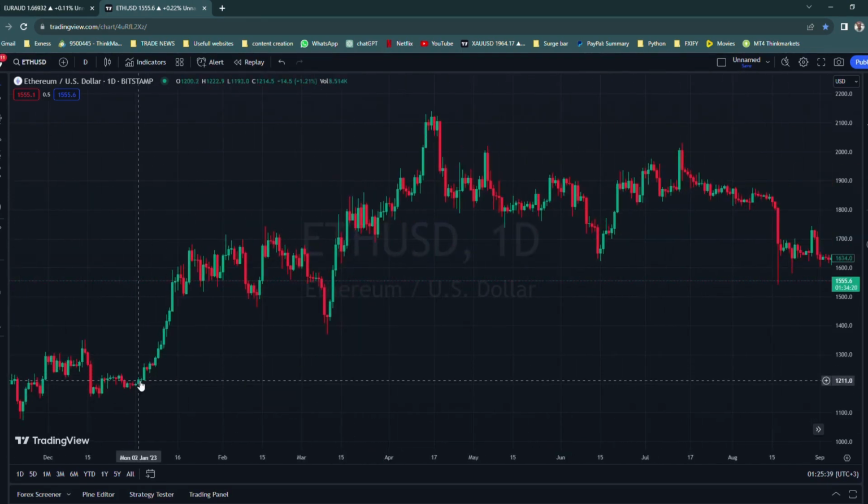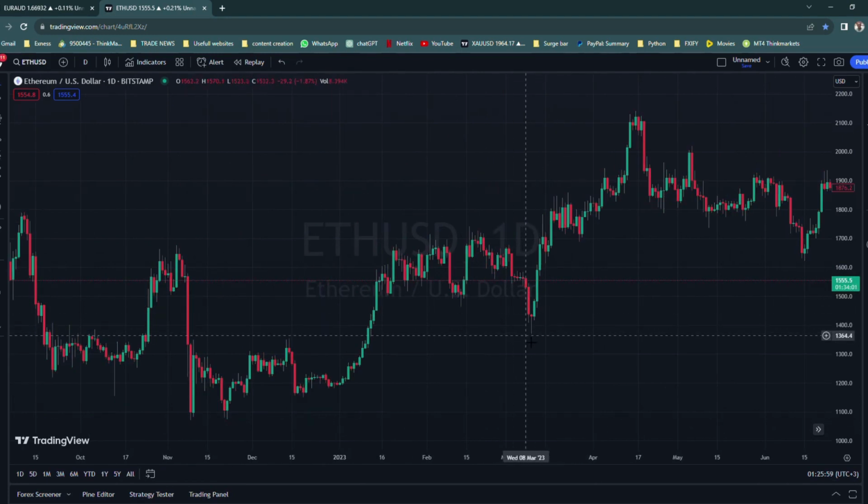At the start of the year 2023, we started somewhere around 1,200 on January 1st. We had a really strong upward trend straight away till February. We had a pullback in February and another pullback in March. Here we start seeing the market rejecting at a certain level.